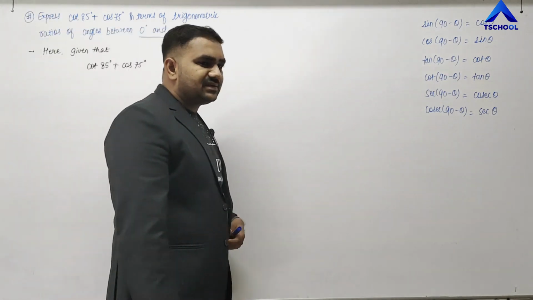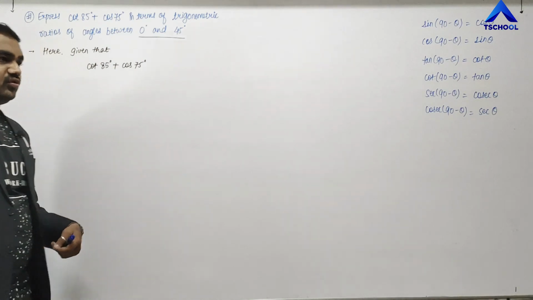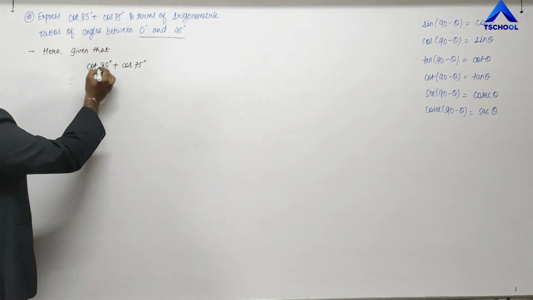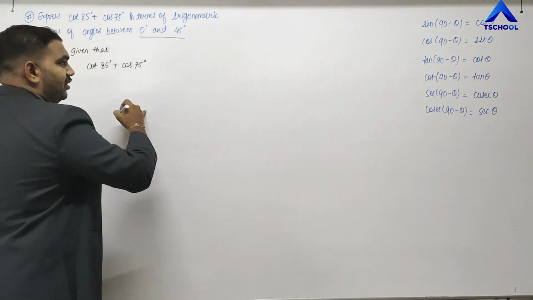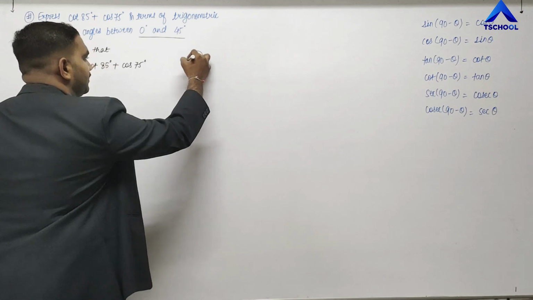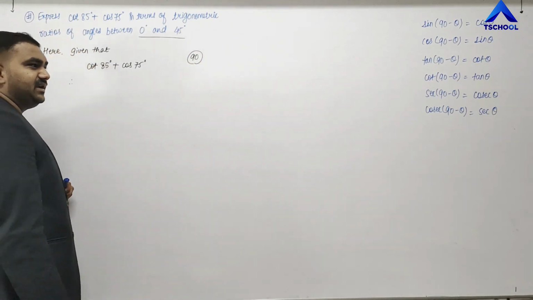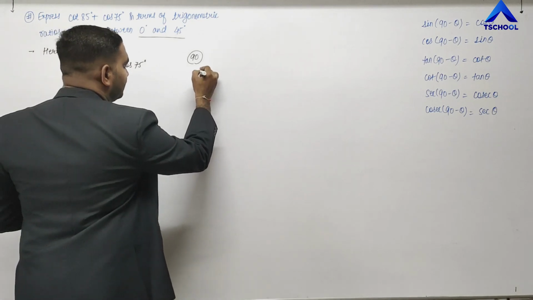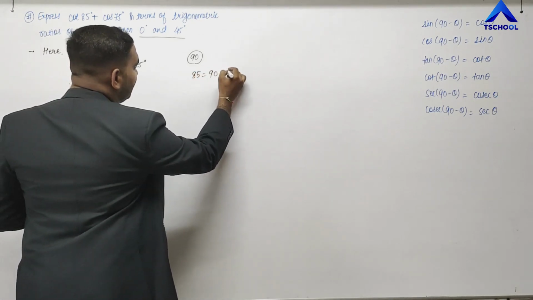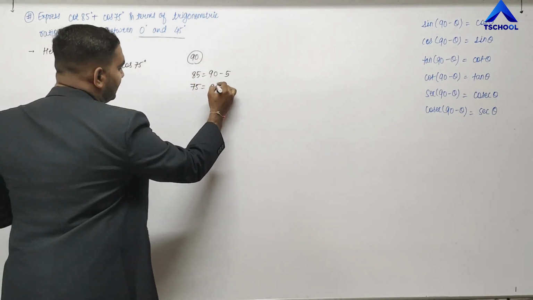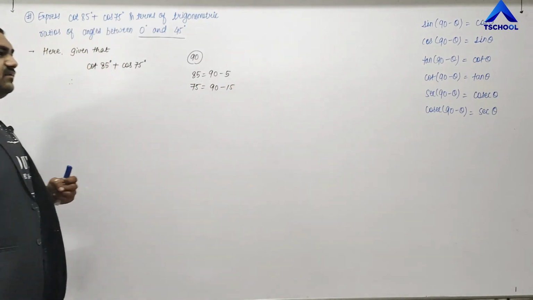So the angles can be changed, but how? If we have any of the 6 properties, then the angles can be changed. Therefore, this 85, we will always take the sum from 90. How can you write down 85 as a sum of 90? So this 85 can be written as 90 minus 5 and 75 can be written as 90 minus 15.